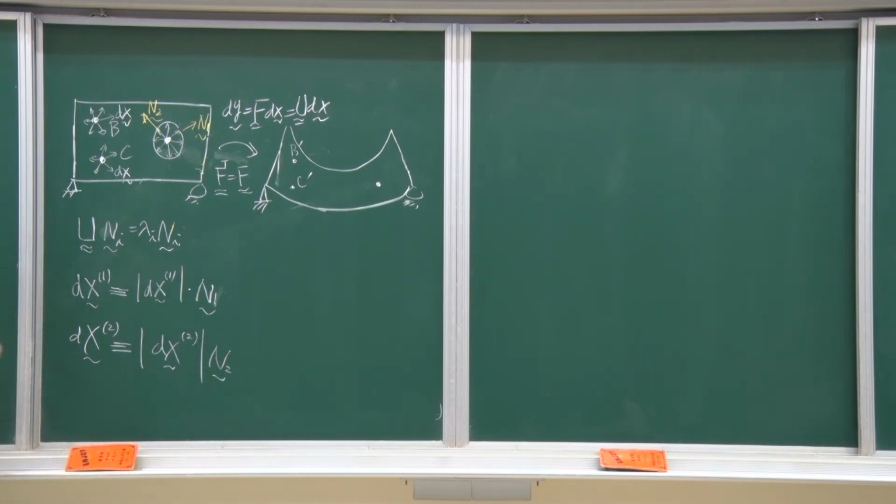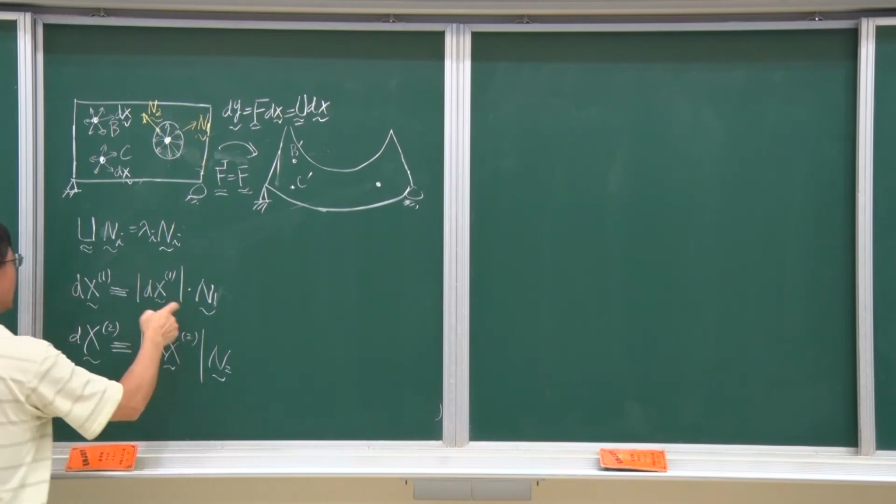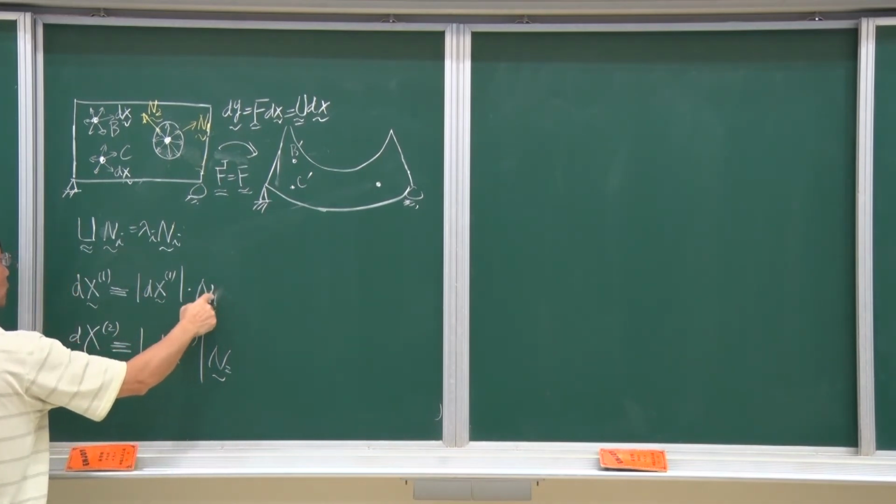Okay, we define two special material lines. This material line is in the direction of N1.